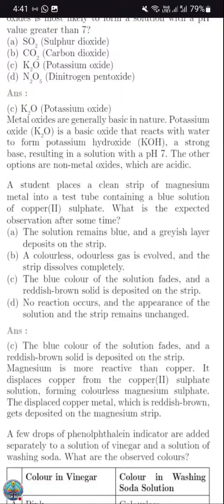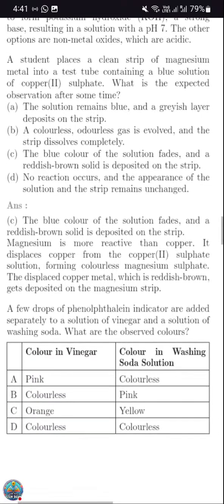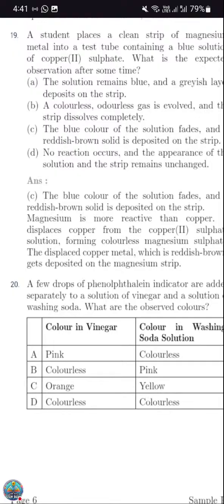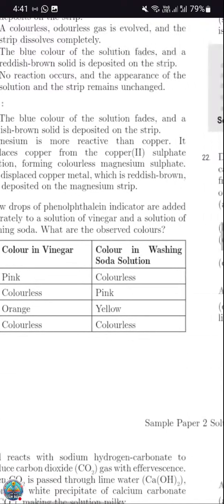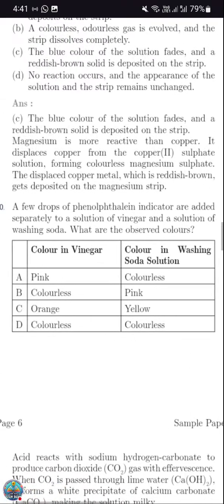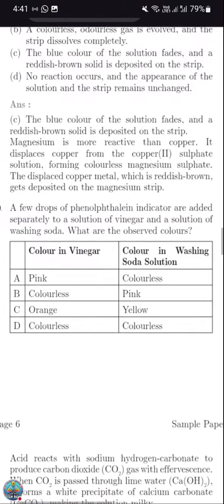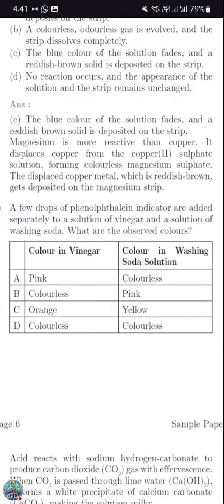Now the next one, a few drops of phenolphthalein indicator are added separately to the solution of vinegar and a solution of washing soda. Vinegar, acetic acid, and washing soda, it is a base. So they added phenolphthalein to acid and base.